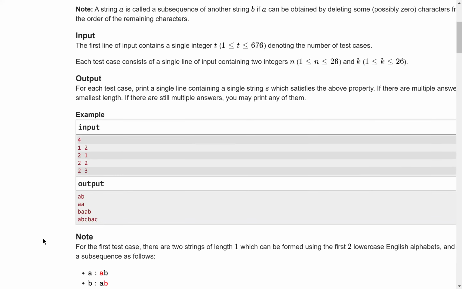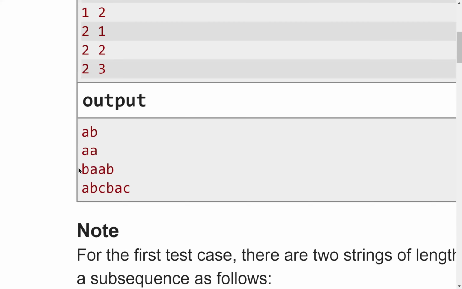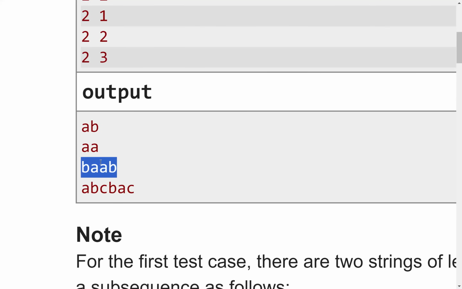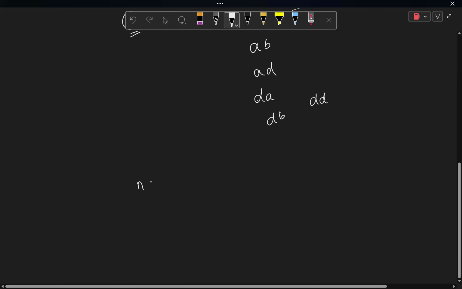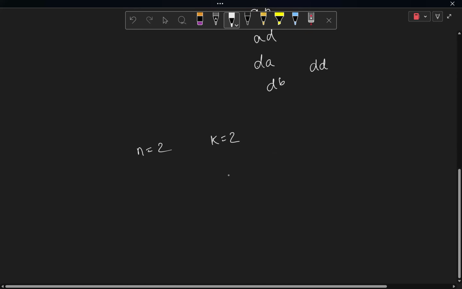You see one thing? The first two characters come first, and after that, the next two characters come together. When n is equal to 2 and k is equal to 2, what do you want? You want to cover all the strings like AB, AA, BA, and BB, right?